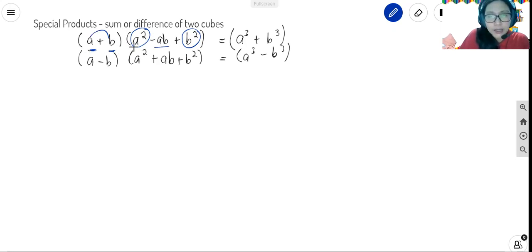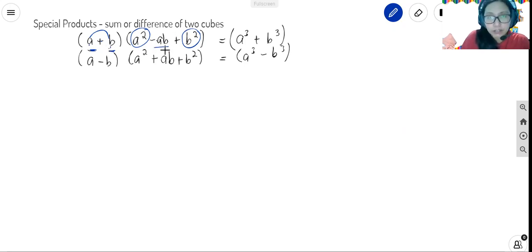But if you look at the pattern in terms of the sign, if it's plus, the pattern would be minus the product of the two terms. Okay? If it's minus, you have here plus the product. So what you can remember here is if you're multiplying a binomial and a trinomial, inspect if it follows this pattern. The first term of the trinomial is the square of the first term of the binomial. The last term of the trinomial is the square of the second term of the binomial.